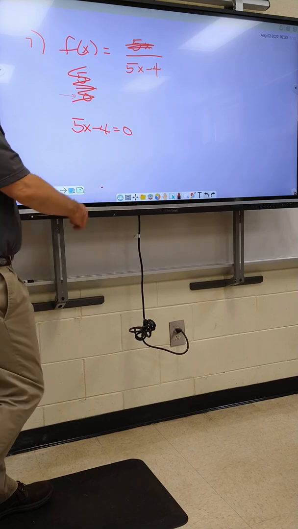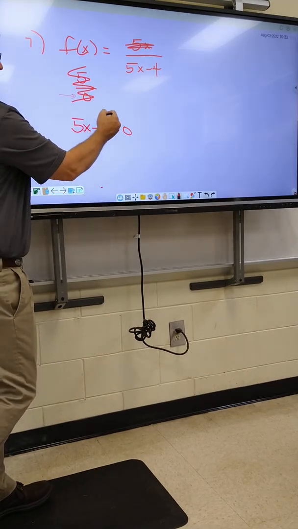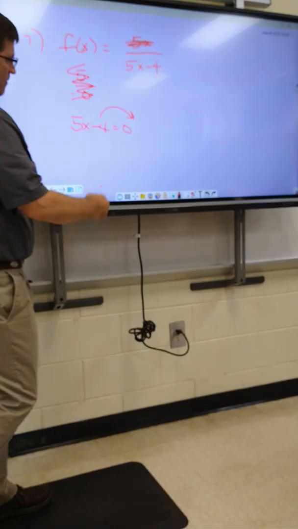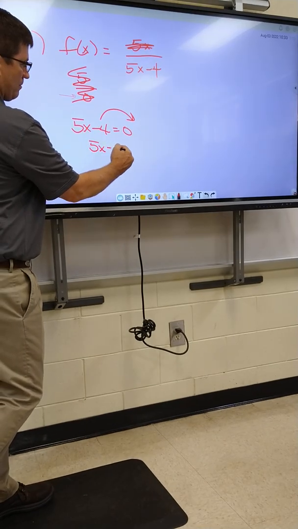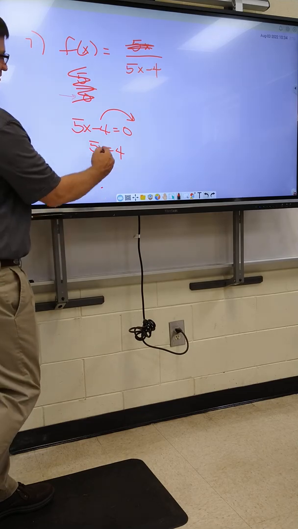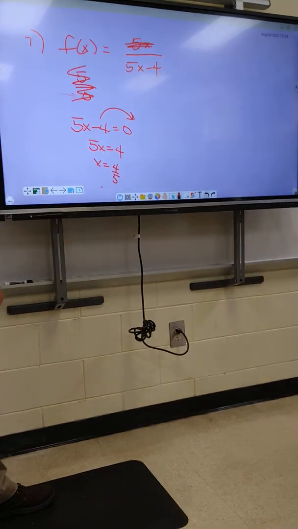Okay, now, we're going to solve this for x. Everybody take minus 4, move it over, make it positive 4. All right, what's the last step if I want to solve that for x? Y'all remember? Divide by 5. So look, I got 4/5 for my answer.